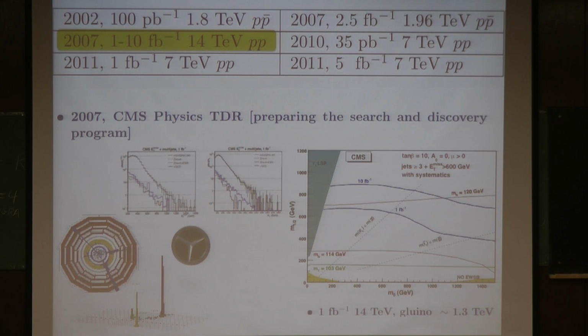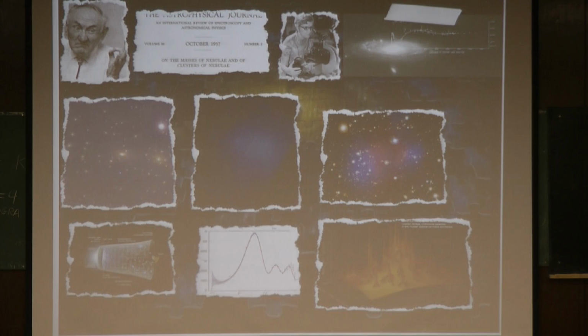And we have not excluded that with the 7 TeV, but we are down at the 800 GeV to 1 TeV with 5 inverse femtobarn of 7 TeV. So we are better than we would have expected given our studies of the TDR.